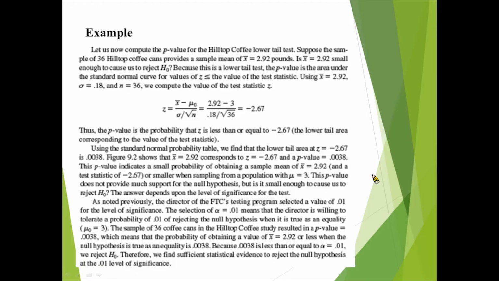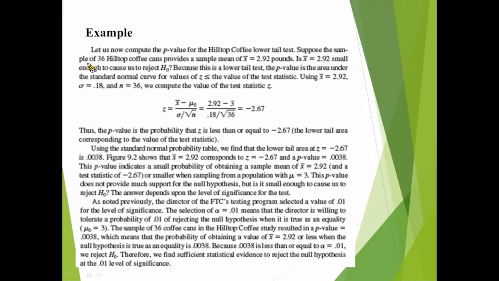Okay, so let's continue to do some practice with an example. Let us now compute the p-value for the Hilltop Coffee lower tail test.